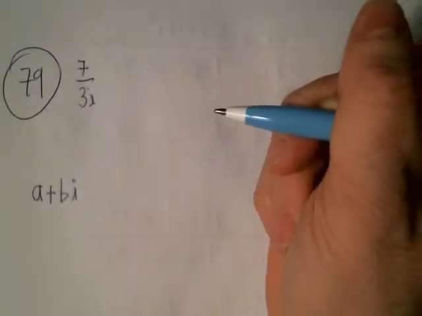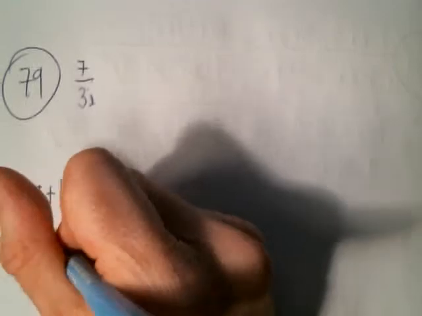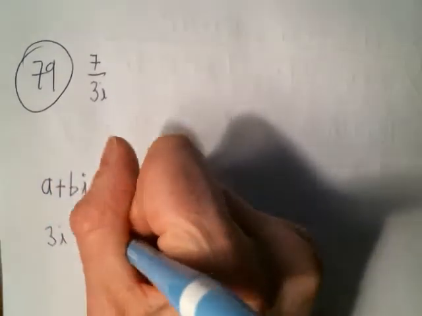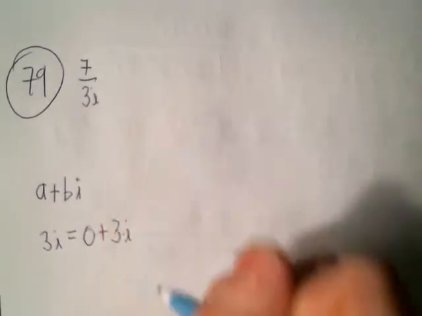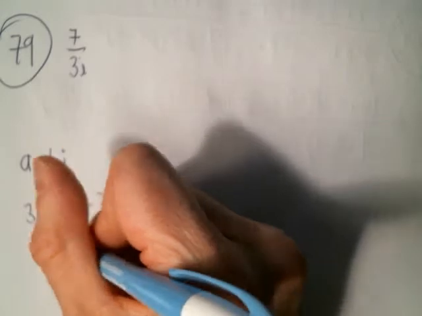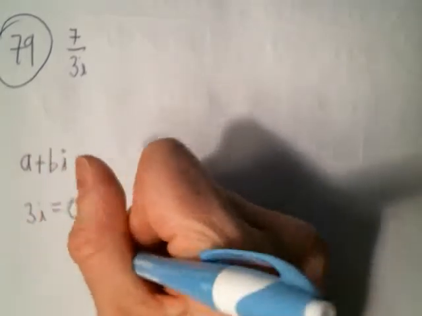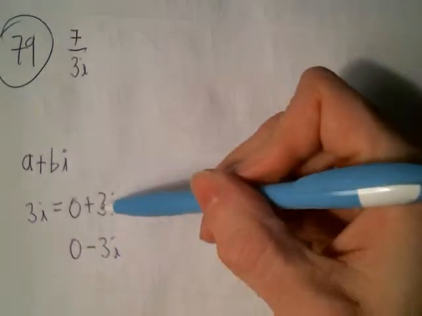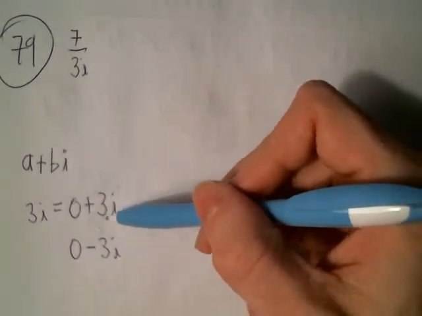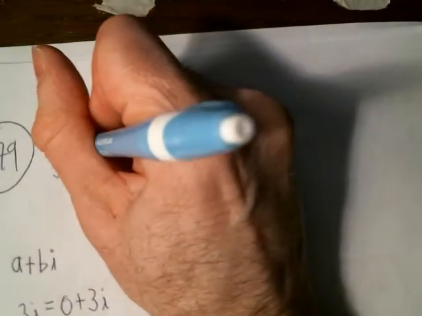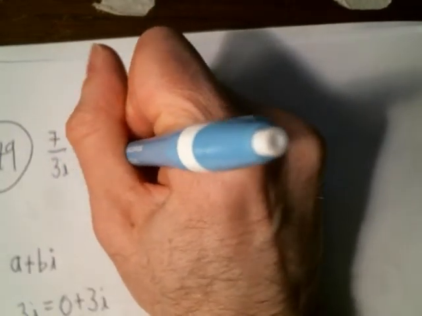So 3i, if you were to write it in its complex form, would have to be 0 plus 3i. So its conjugate must be 0 minus 3i. All you do is change the sign from here to here. So instead of 0 plus 3i, I have 0 minus 3i. And so I'm going to multiply top and bottom by minus 3i.